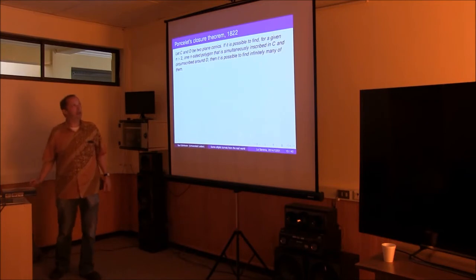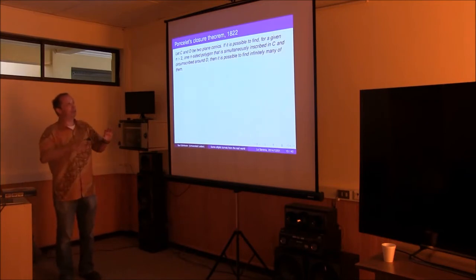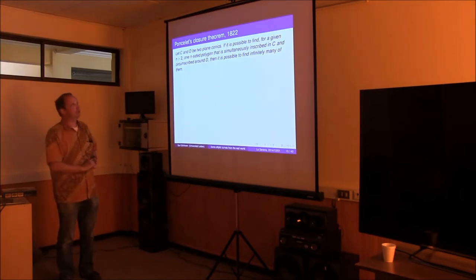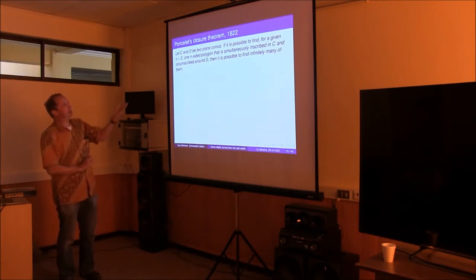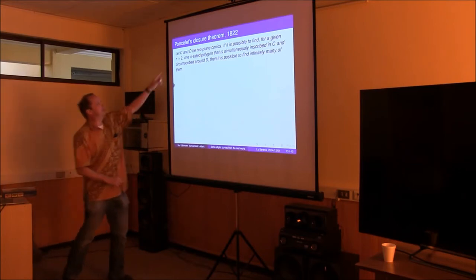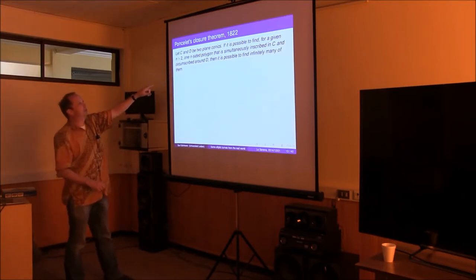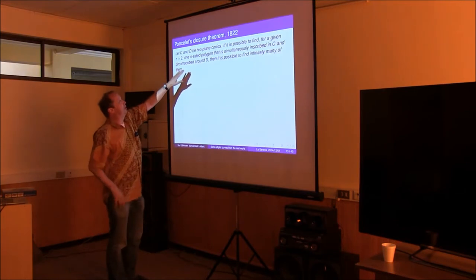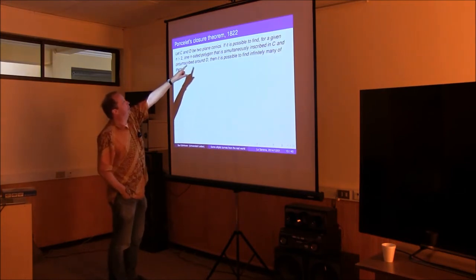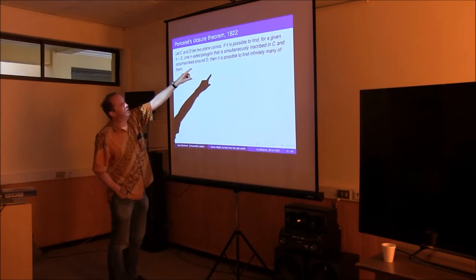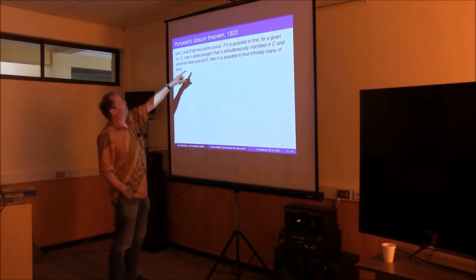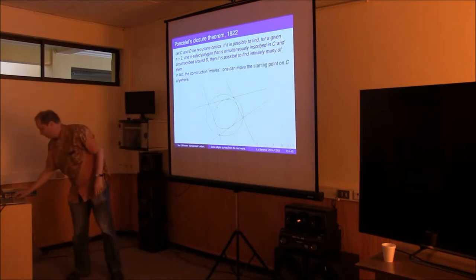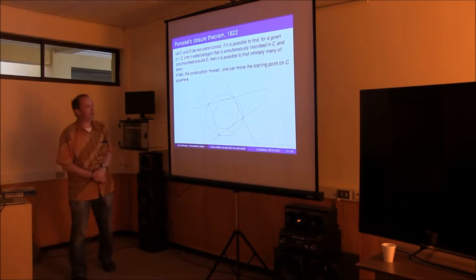You take two conics, so for example, two circles, two ellipses, or something that is given by an equation of degree 2 in R2, and this is how we stated it: for a given n greater than 2, if it is possible for your two conics to find a polygon with n sides that is simultaneously inscribed in C and circumscribed around D, then it is possible to find infinitely many of them. I will give a picture.